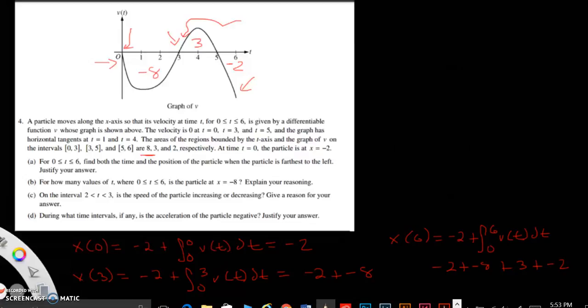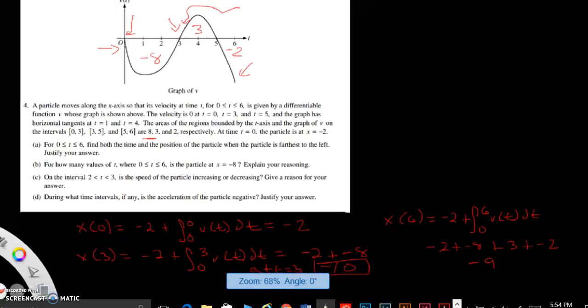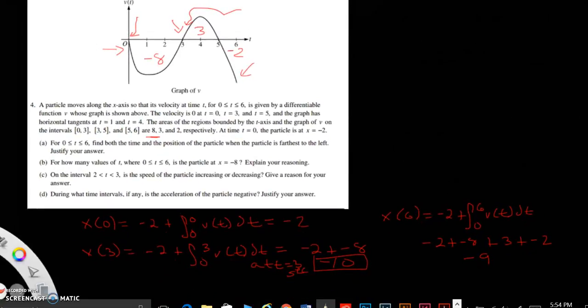So now you're going to get negative 10, negative 12. Negative 12 plus 3 is negative 9. So where is this going to be furthest to the left? Well, this one was negative 10. So it's going to be negative 10 at t equals 3 seconds. Okay, so it's at that point right there at t equals 3 seconds.